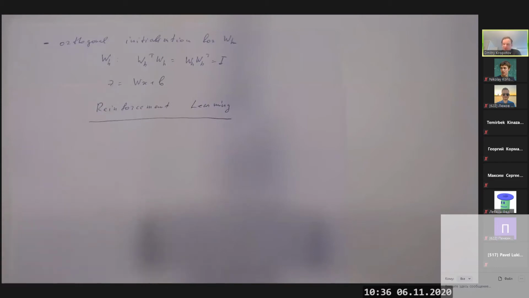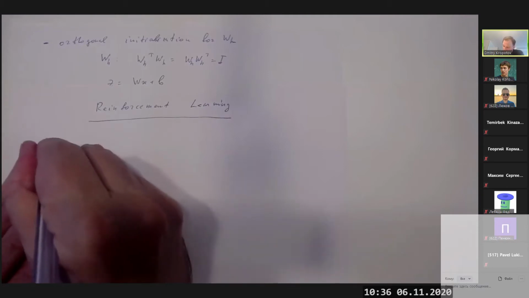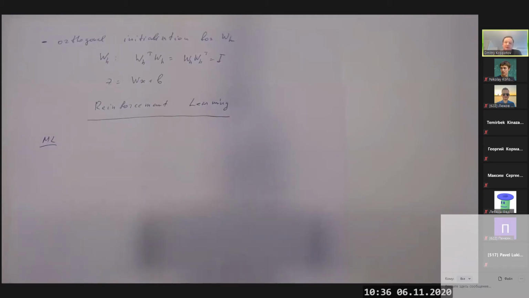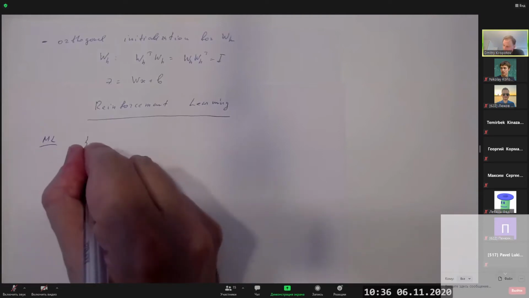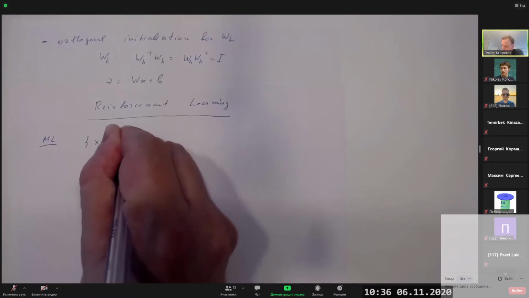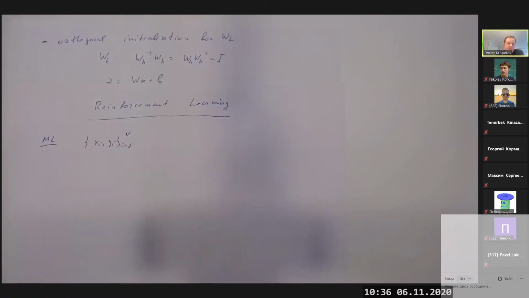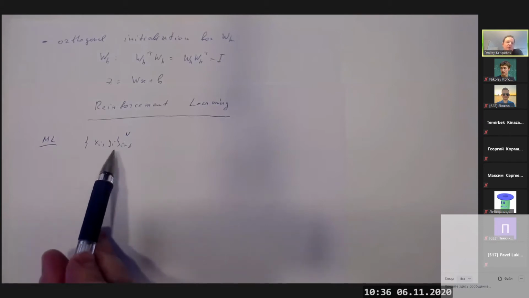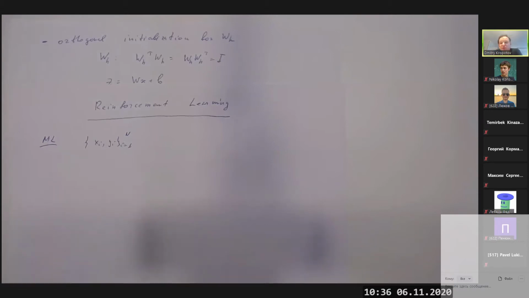So, what is the reinforcement learning setting? In a standard machine learning, let's start with this. In standard supervised machine learning problems, we usually have some data set, like a set of objects with input vectors x and with some target, some true answers y's.